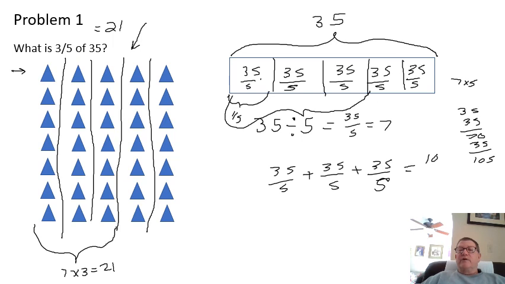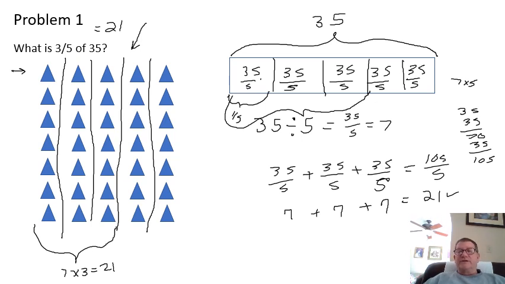So this would be 105/5. Now we also know each one of these is equal to 7, so it's going to equal 21. So as you can see, we can use a tape diagram just as well as the sets to solve this problem. Now, for the next ones, all we're going to be using is a tape diagram. Let's try the next problem.